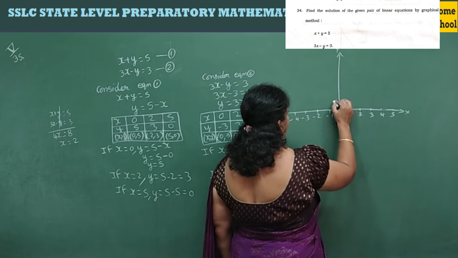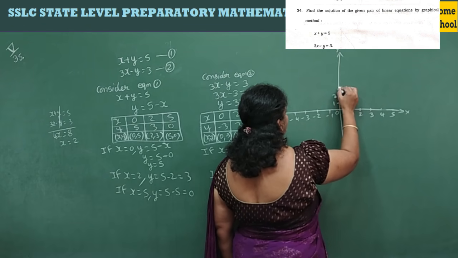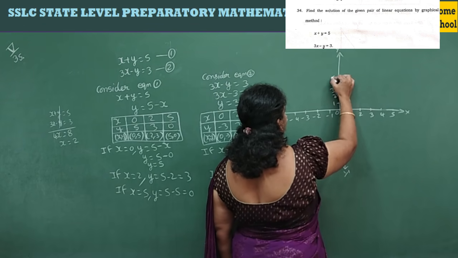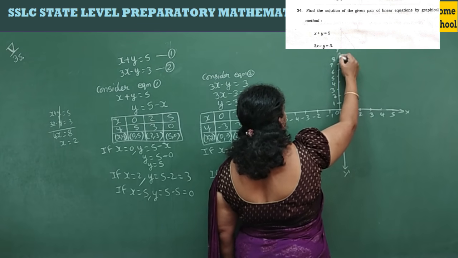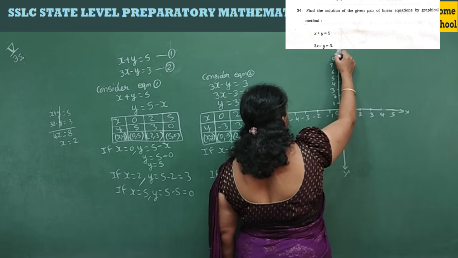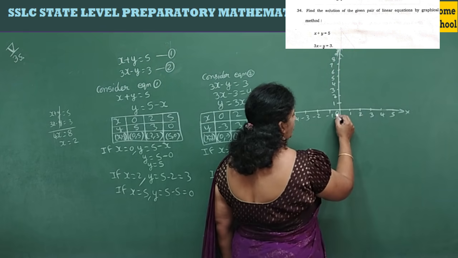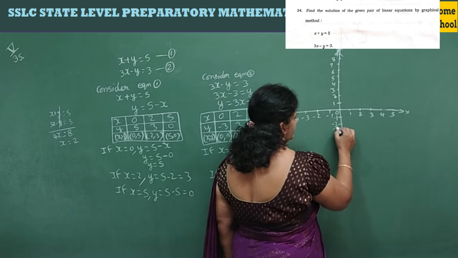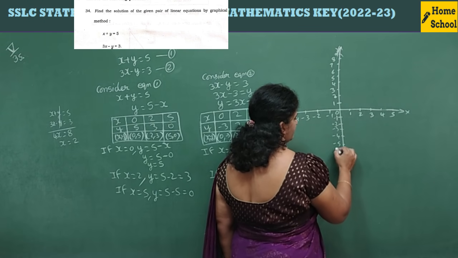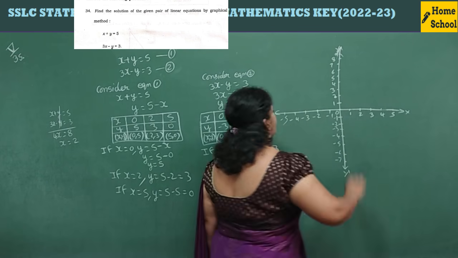So 1, 2, 3, 4, 5, 6, 7, 8. In the graph sheet it is possible. 9. If you want you can write other numbers also. This is the negative scale: minus 3, minus 4, minus 5, minus 6, minus 7.